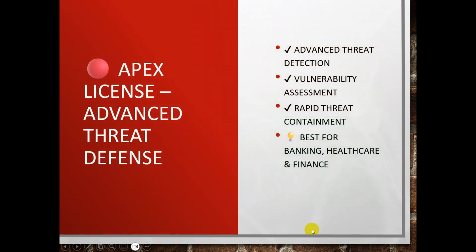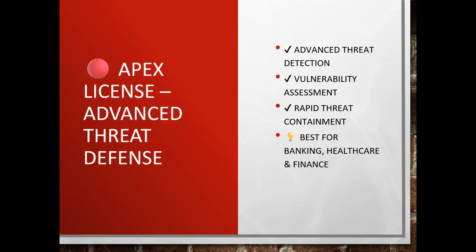The third option is the Apex license. Apex is the advanced security level license. Apex license includes everything from Base and Plus, and it adds advanced threat features that are not available in the Base license. These include advanced threat detection, vulnerability assessment, and rapid threat containment.